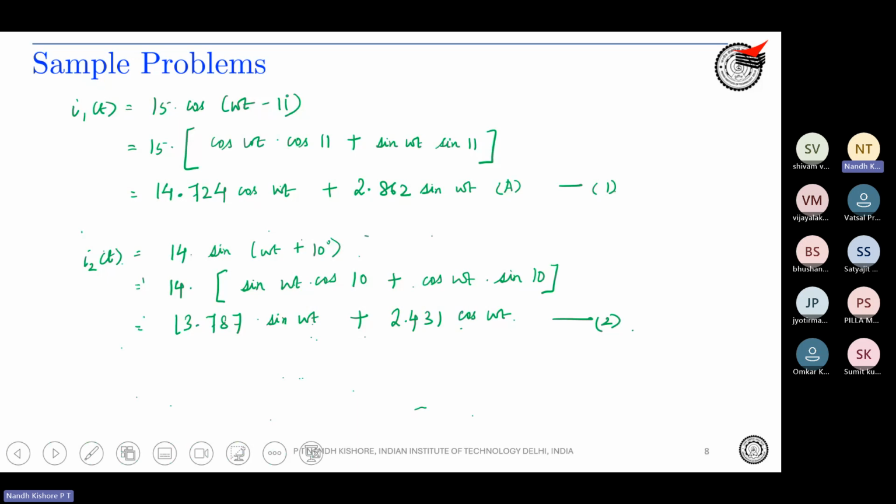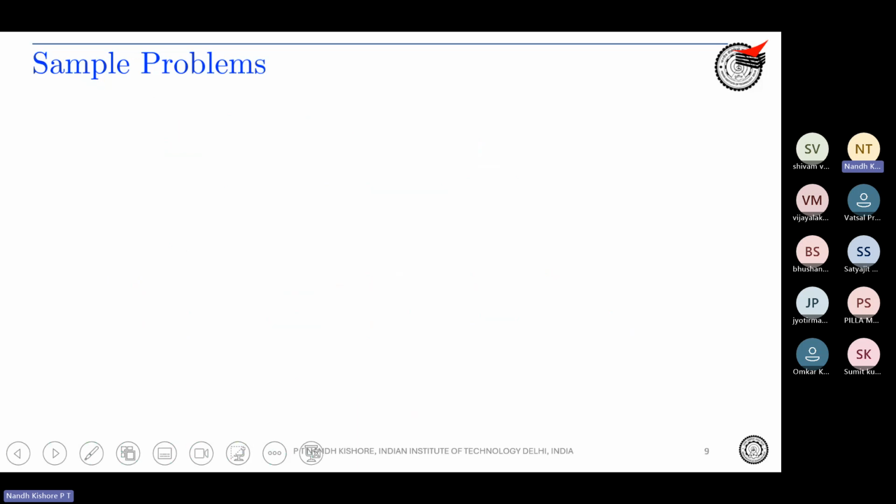Okay, so now we have got I1 of t, we have got I2 of t. We just need to find out the difference, right? That was the question. I1 of t minus I2 of t.